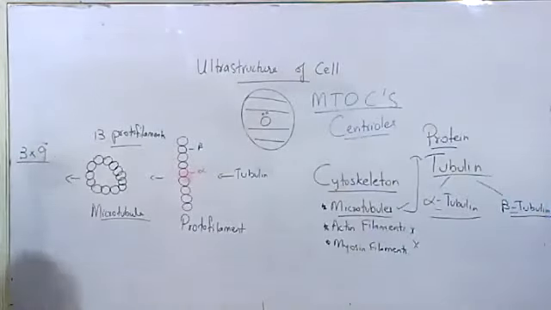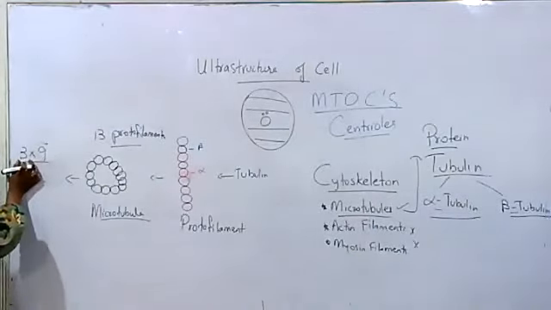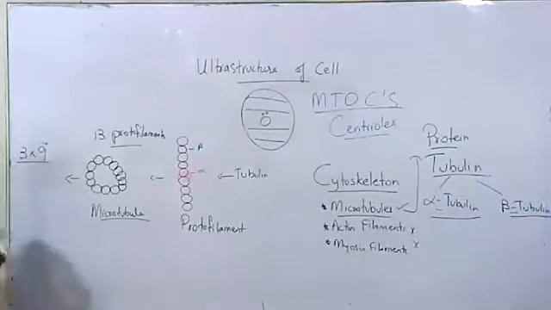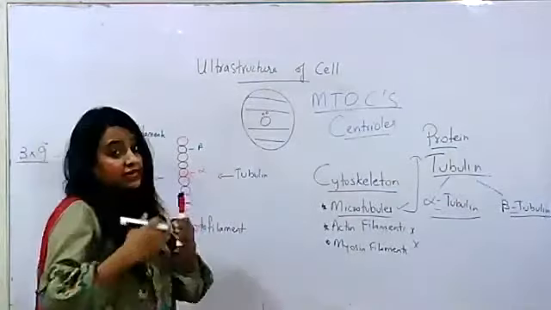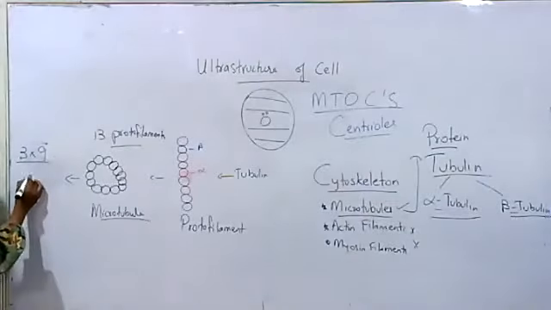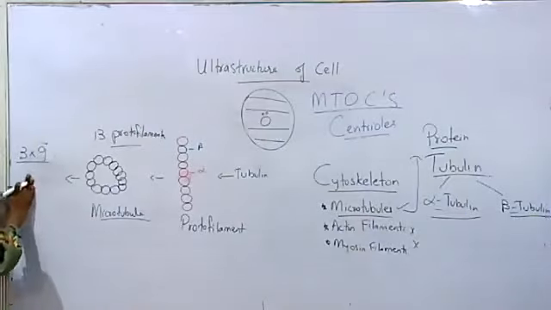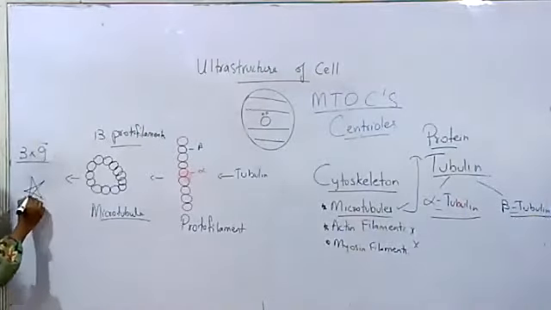What do I mean by this? 3 microtubules arrange themselves into 9, like 9 lines, right? And they form a star-shaped structure. 3 each, 1, 2, 3, then 1, 2, 3, like this. I'll make a star first. Here.